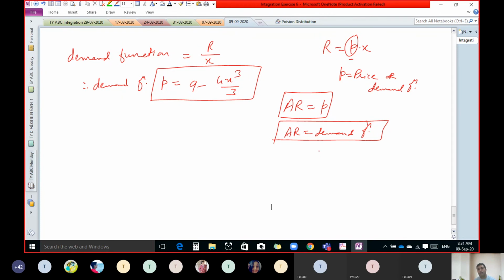Average cost is nothing but total cost divided by X. If K equals 0, meaning the fixed cost is 0, then the K part is 0, and the remaining part is the variable cost. In that case your average cost is the variable cost, but it is not related to the demand function and average revenue. But average revenue is always the same as the demand function. That is always true.